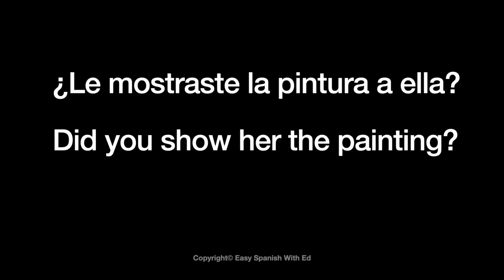Since le can mean to him or to her, we often add él or ella to clarify. But it's optional. You don't have to add it if it's already clear who you're talking about. And again, the painting is directly receiving the action of being shown, so we have to use an indirect object pronoun to say to whom it is being shown.